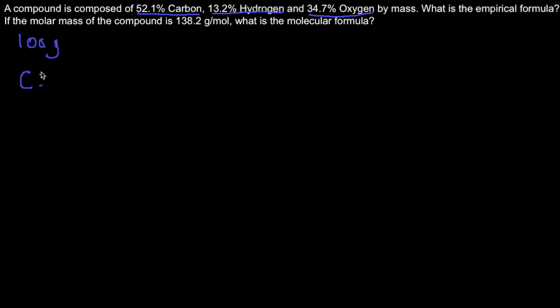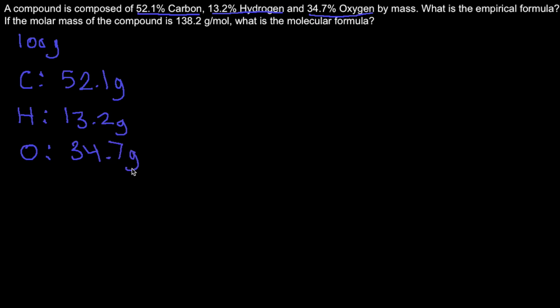For carbon, 52.1% of 100 grams is 52.1 grams. For hydrogen, it's 13.2 grams. And for oxygen, it's 34.7 grams. Feel free to stop the video now and try and work it out on your own.